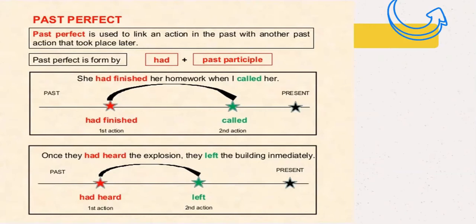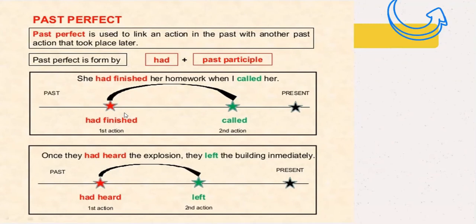The past perfect describes the action that happens first than the other action in the past. So just so you know, both actions happen in the past, okay? These are actions from the past. The only difference is that when we use past perfect, we use it to talk about an action that happened first, then another, okay? We make the past perfect with had, the auxiliary had, and the verb in past participle.